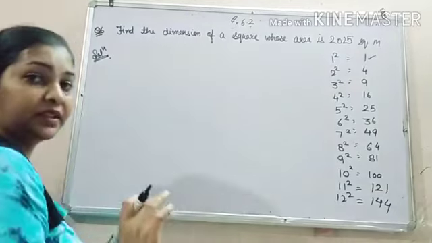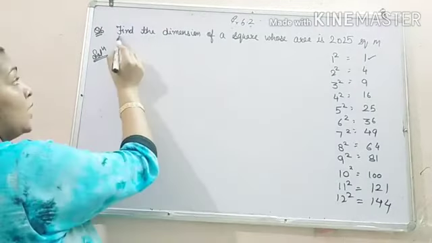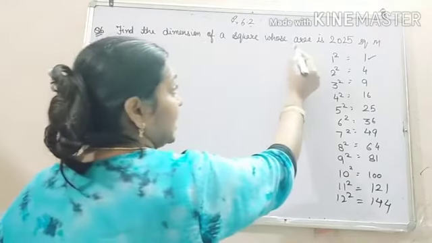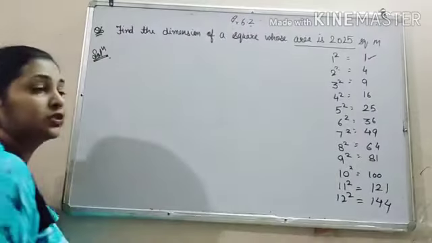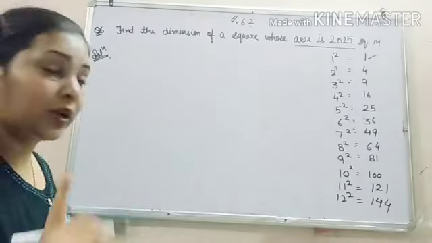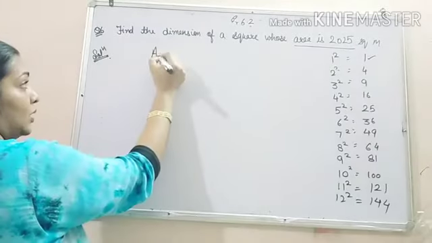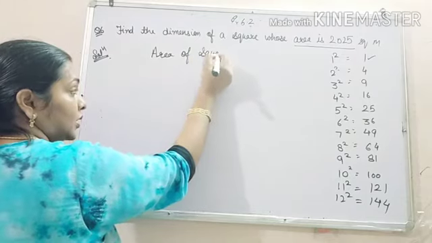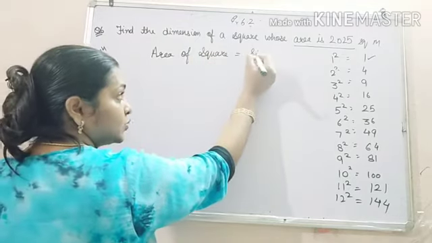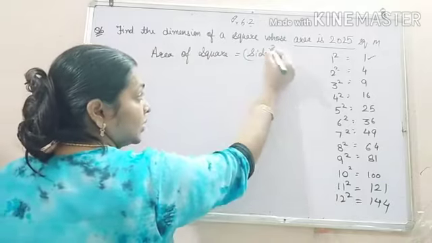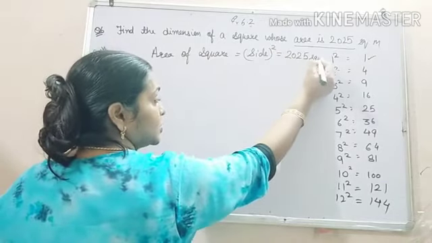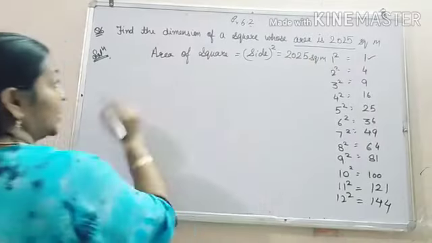In problem 6, it is given that you have to find the dimension of a square whose area is 2025 square meter. Now, area of square is equal to side square, which is given to be 2025 square meter.